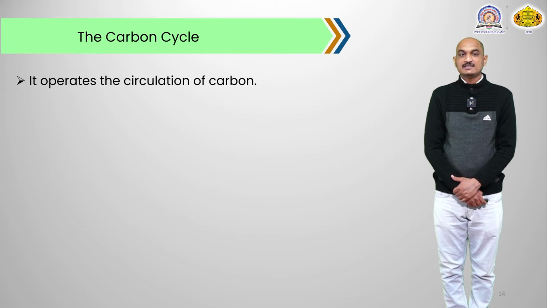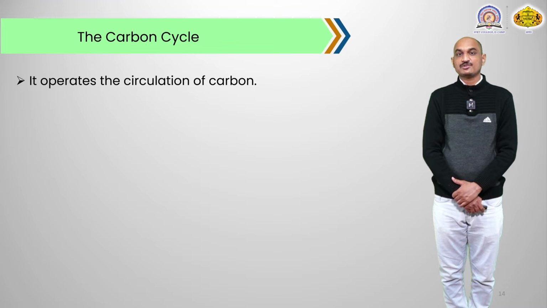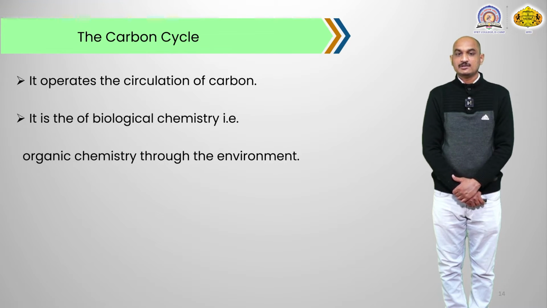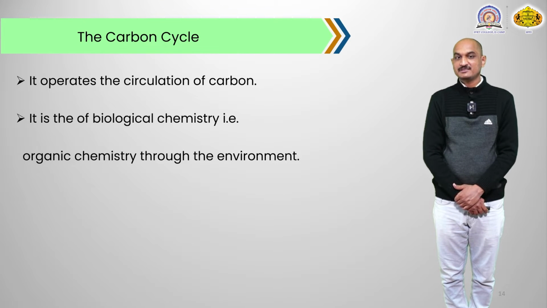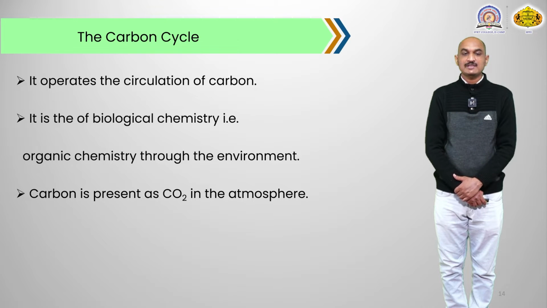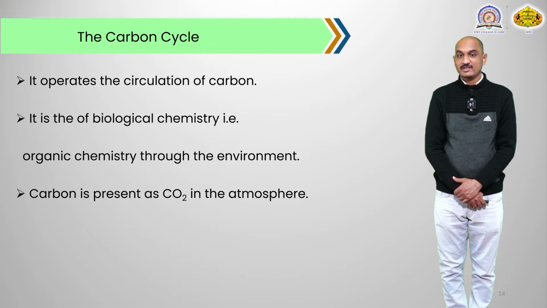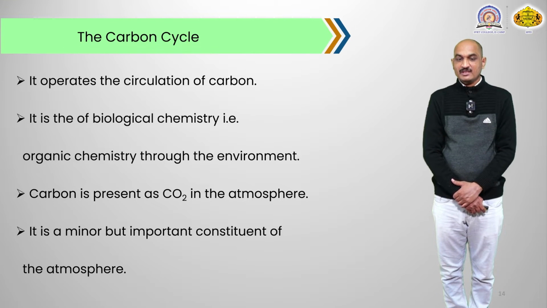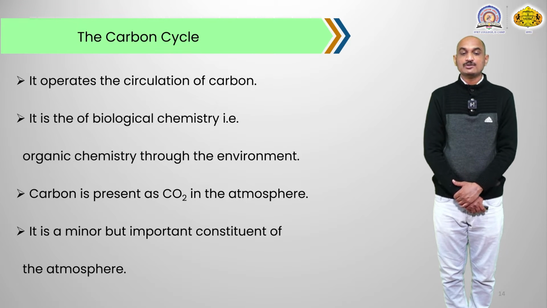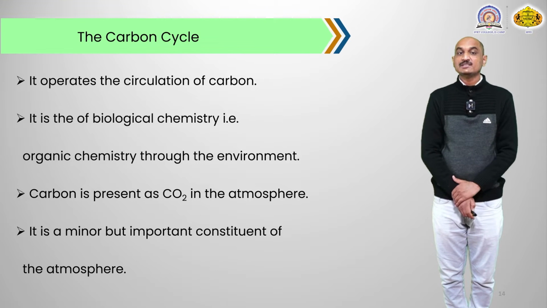It operates through the circulation of carbon, the basis of biological chemistry, that means organic chemistry, through the environment. Carbon is present as CO2, carbon dioxide, in the atmosphere. The carbon dioxide content is minor, but it is an important constituent of the atmosphere.